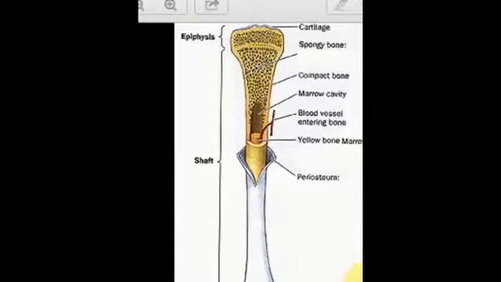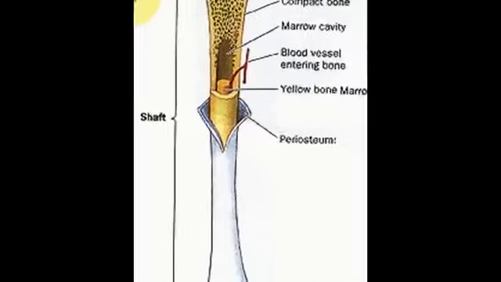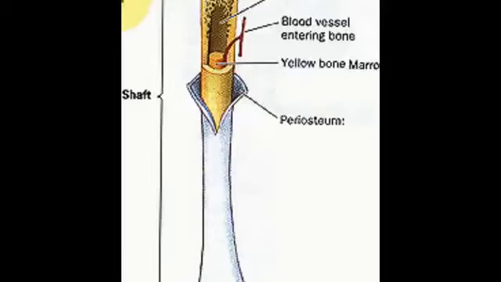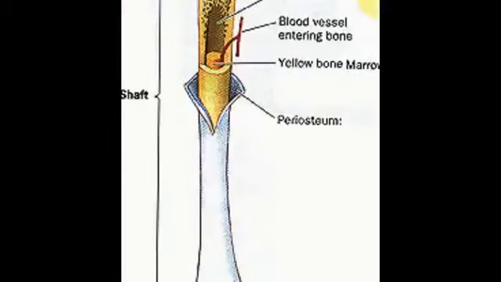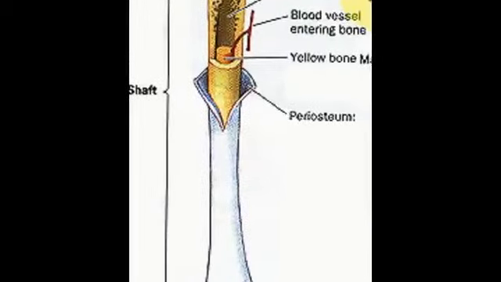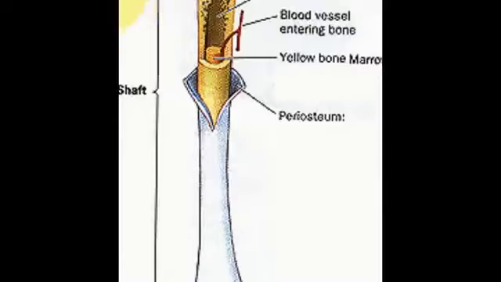Periosteum is again connective tissue which is tiny but full of nerves, endings of the nerves around the bone.